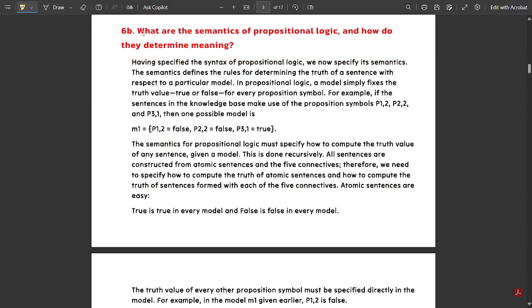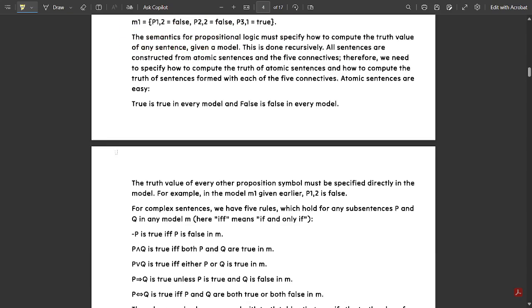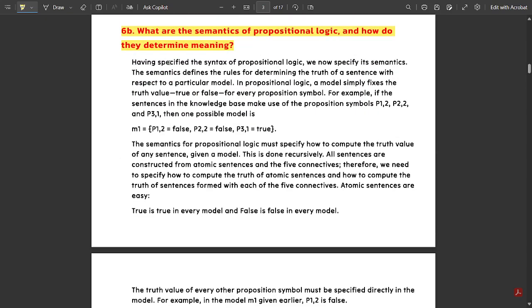Next question: what are the semantics of propositional logic and how do they determine meaning? Having specified the syntax of propositional logic, we now specify its semantics. The semantics define the rules for determining the truth of a sentence with respect to a particular model. In propositional logic, a model simply fixes the truth value, true or false, for every proposition symbol.